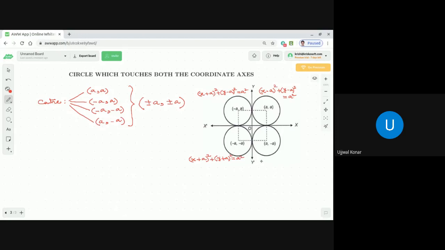And in the fourth one, it is (x - a)² + (y minus minus a), that is (y + a)², equal to a².